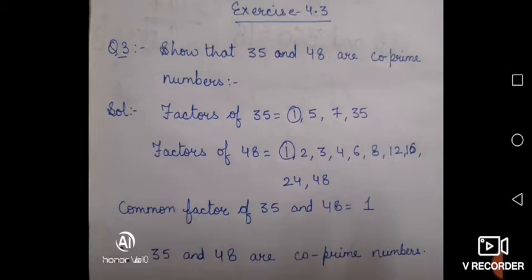Now the common factor of 35 and 48 is 1 only. Therefore, you can see 35 and 48 are co-prime numbers.